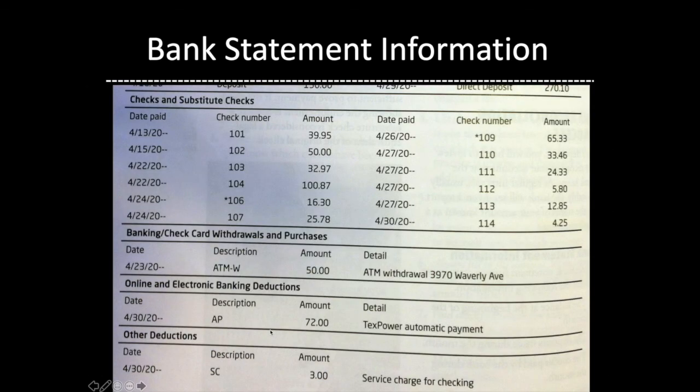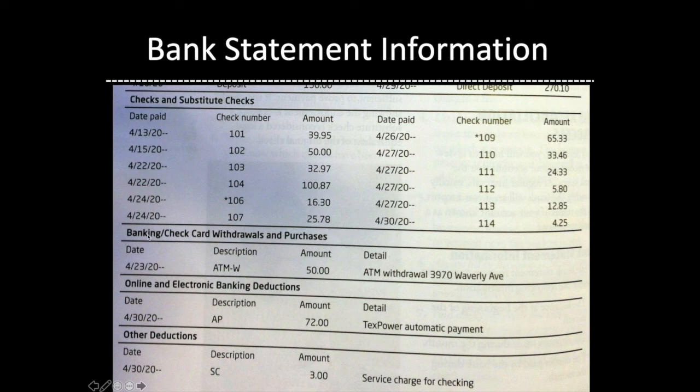You can take a look at your activity down here. It shows you the days, check numbers you wrote, how much was paid, and so forth. You can see that there's an asterisk by some of them. All this means, and you can see right here especially, is that there is a break in the sequence of your check numbers. So check number 105 is missing. It might not be back to the bank yet.